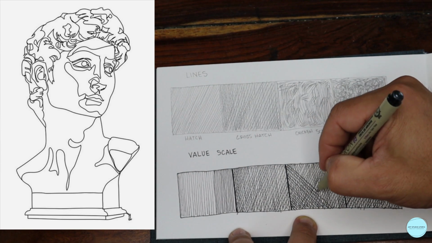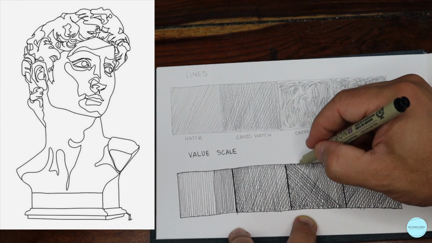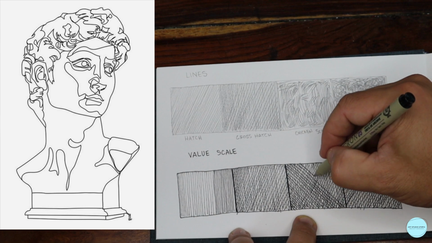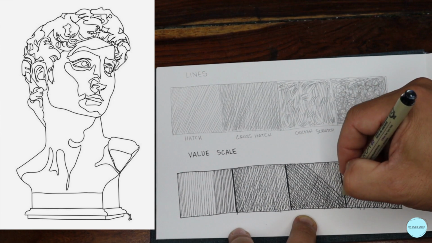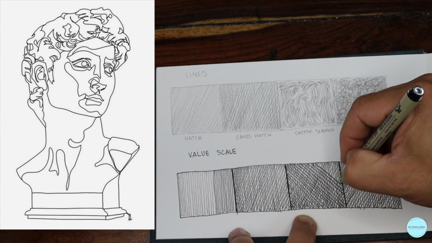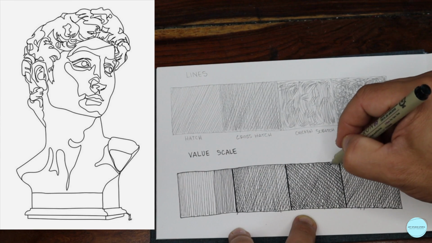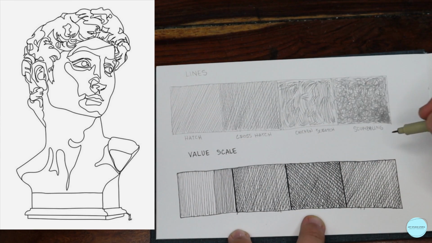So we have a vertical line that was, call it 0 degrees or 90 degrees. We went left to right at an angle of about 10 to 15 degrees. Now I'm going in the opposite direction at the same angle, 10 to 15 degrees. So this one now has 3 layers of line.